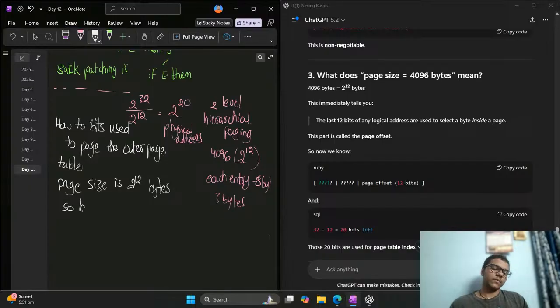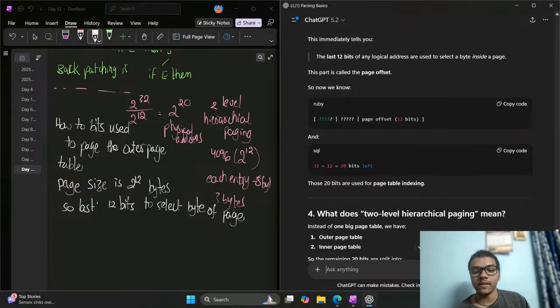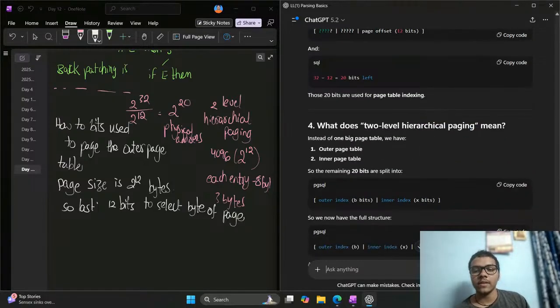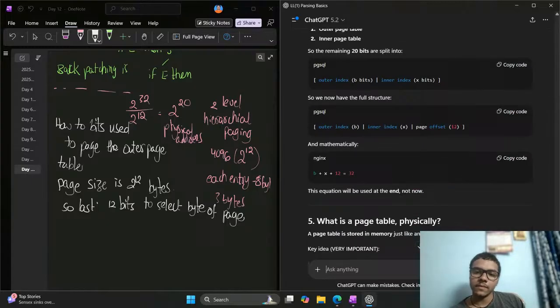So the last 12 bits select the byte of the page. Okay, nice. That is the offset. That is the offset. 20 bits left. Alright. Two-level hierarchical paging. Instead of one big page table, we have an outer page table and an inner page table.